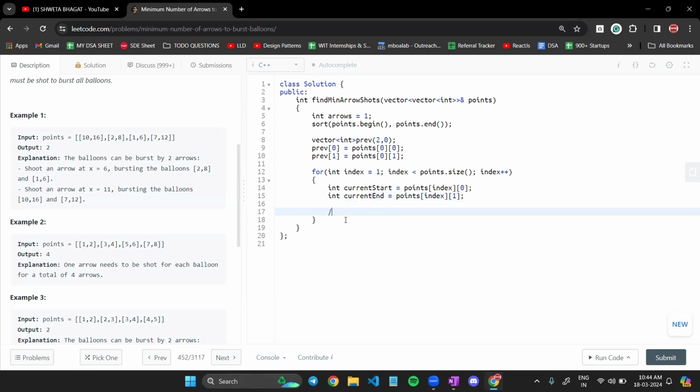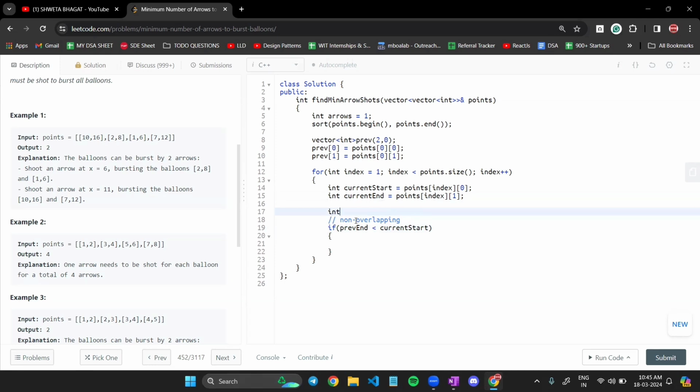So now what we have to check? We have to check for the non-overlapping case, right? When we say that these two intervals, this previous interval and this current interval, are non-overlapping? If the previous end is less than the current start, then we will say that these two are non-overlapping, correct?